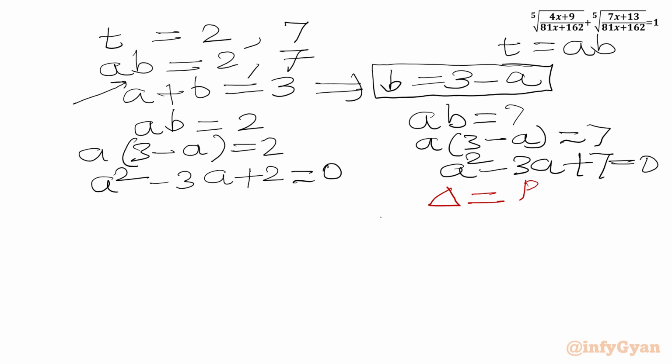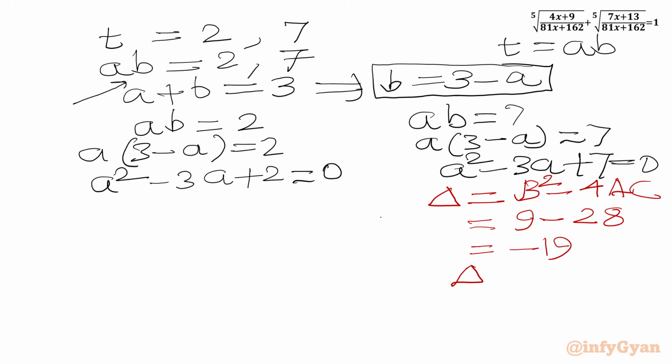As per the formula, it is b² minus 4ac. So b is minus 3, squared is 9, minus 4 times 1 times 7, 28. The discriminant is minus 19. The discriminant is negative, so we are going to get complex solutions. We can reject the second equation from here.